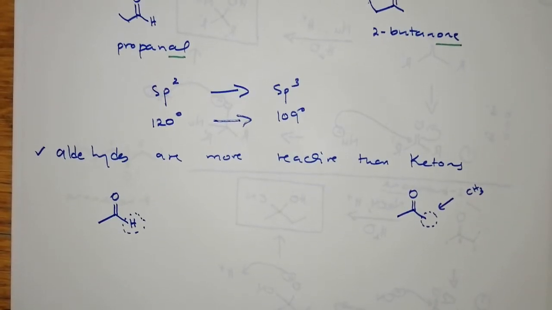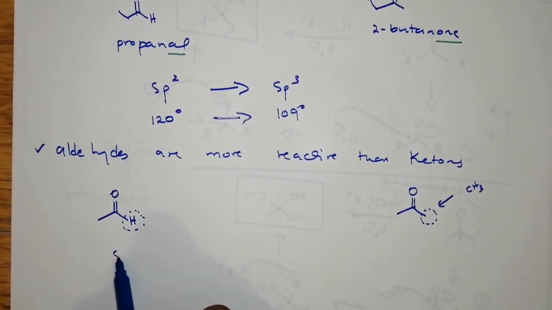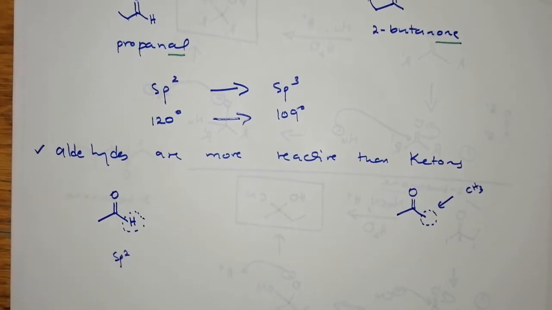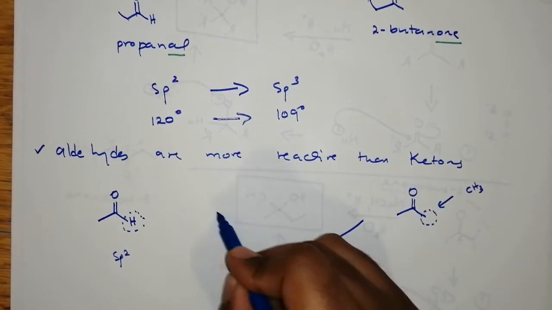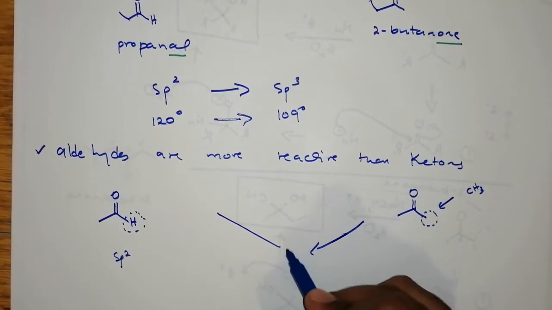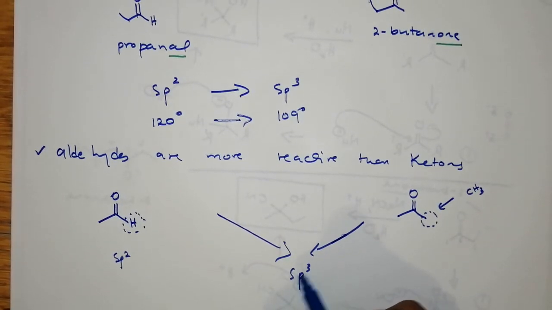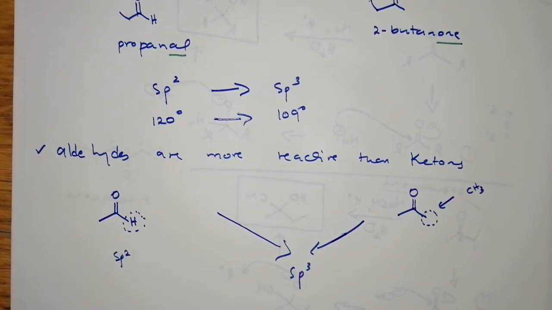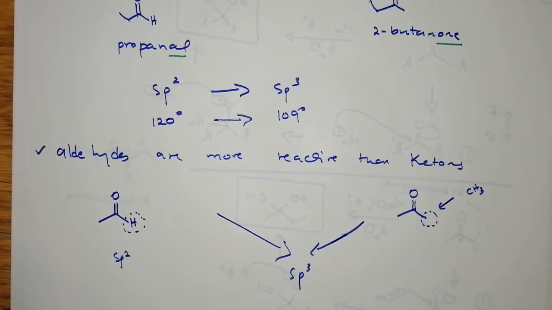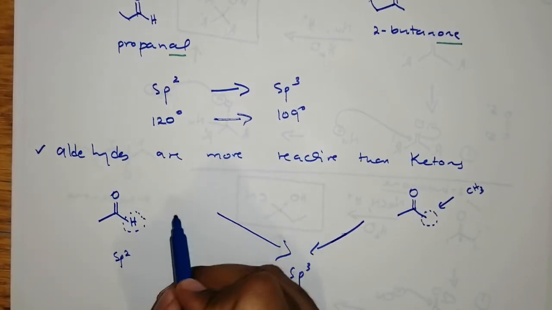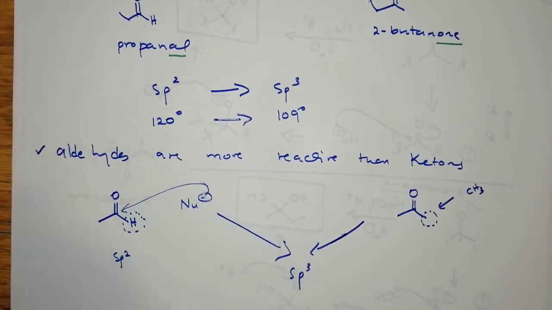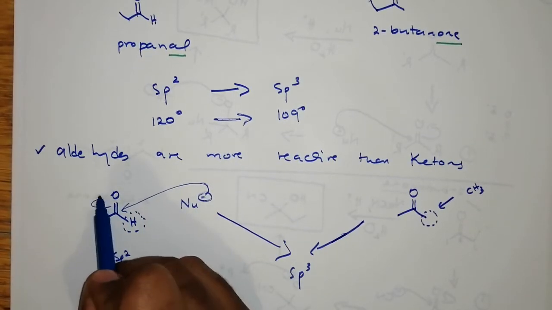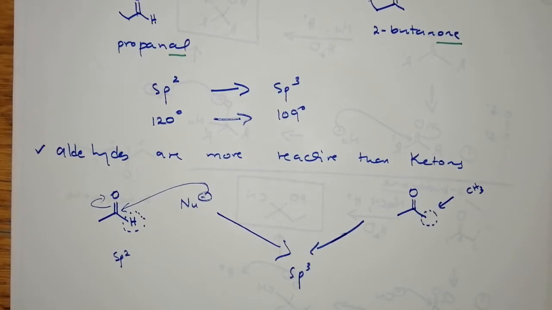Now remember that this is sp2 hybridized, and then we're obviously going to move to something which is sp3 hybridized. So aldehydes are more reactive because when a nucleophile attacks here, this pi bond breaks.